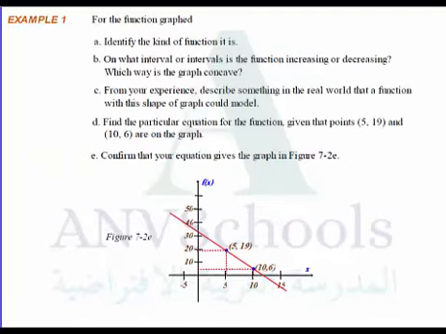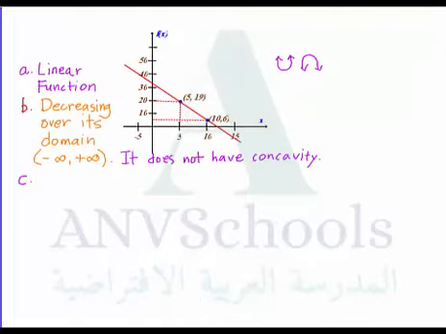From your experience, describe something in the real world that a function with this shape of graph could model. So let us again take a look at our graph. Any real life situation that indicates a decrease over time could plausibly be taken as an example. For instance, we have the exponential decay, or the decay of a certain radioactive material.